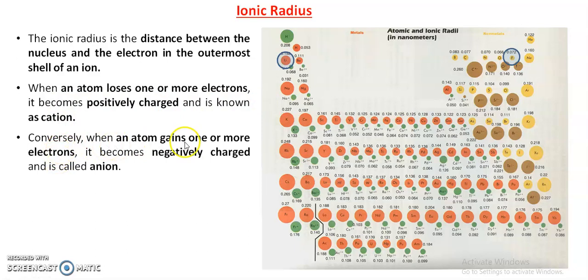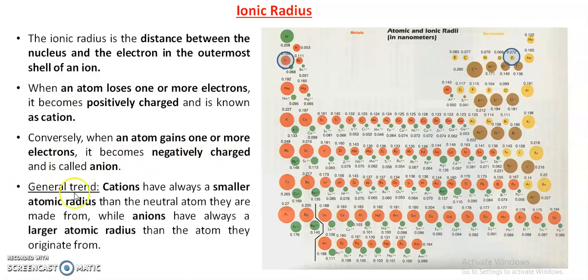Conversely, when an atom gains one or more electrons, it becomes negatively charged and is called an anion. General trends: cations have a smaller radius than the neutral atom they are made from, while anions always have a larger radius than the atom they originate from.